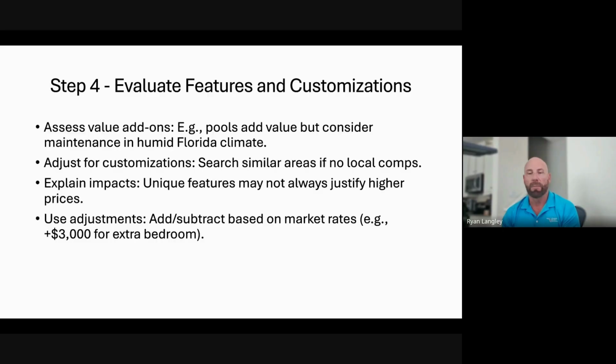So what adds on an appraisal, and what does not. There's a sheet for that. If it's not on our reference tab, take that with you and talk to them about that. Look, I know you guys have a hot tub. Well, hot tubs bring this much, or built-in hot tub, whatever. Use adjustments, add, subtract based on market rates, obviously.